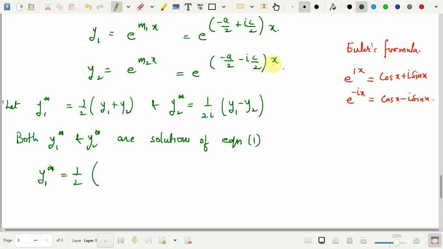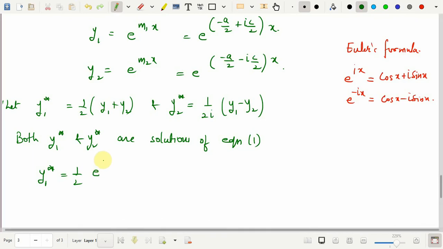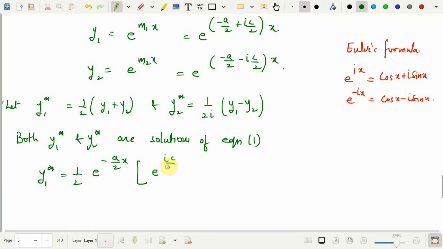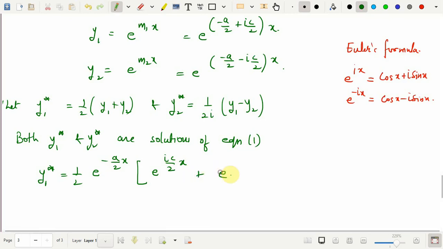From here I can take e raised to minus a by 2 x common. So I'll write this as e raised to minus a by 2 x, and what remains inside is, from the first term, e raised to icx by 2, don't forget that x, and plus from the second term e raised to minus icx by 2.